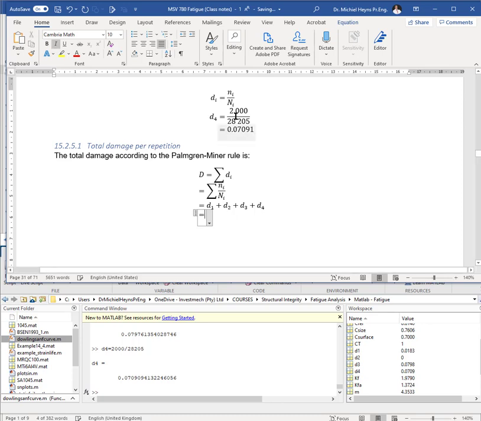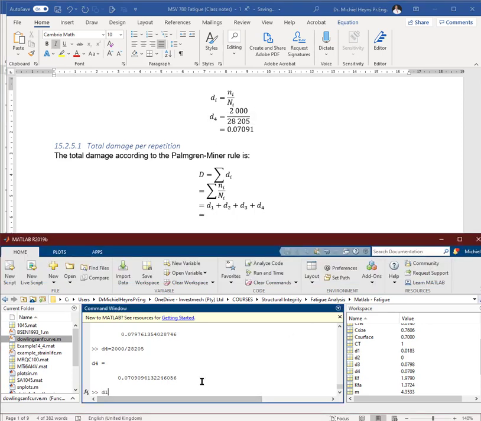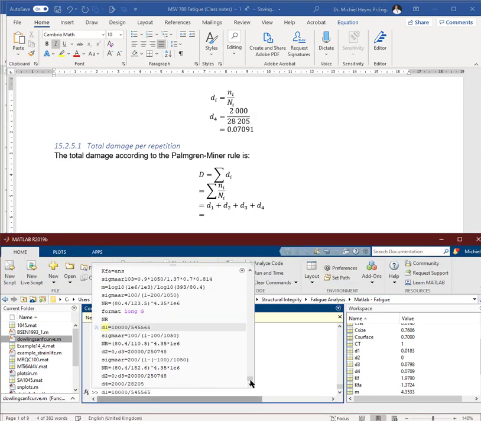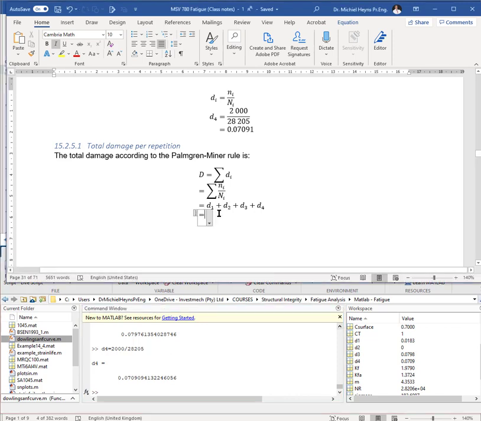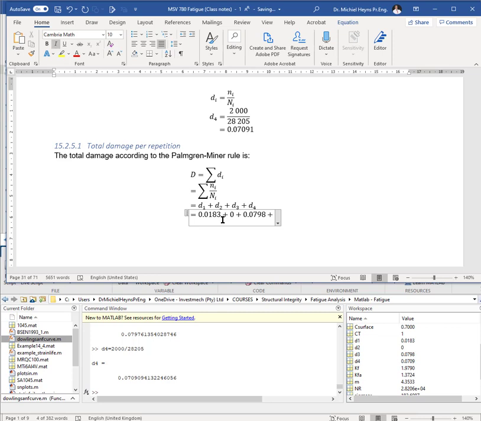And that is equal to, now D1, I've calculated it. D1 was 0.0183, plus D2 was 0, plus D3 was 0.0798, plus D4 0.0709.